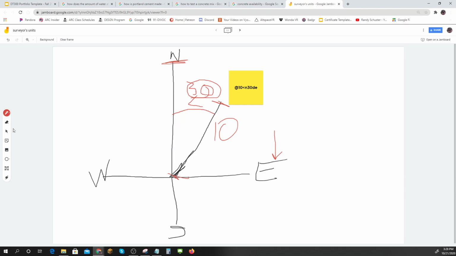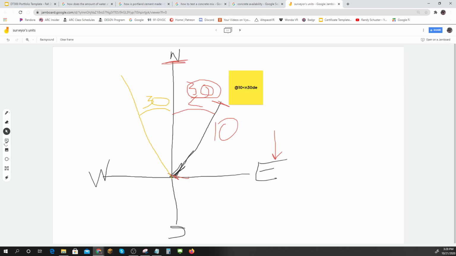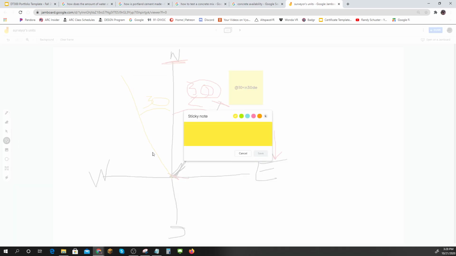So now if I had another line going this way, this angle again is 30 degrees, but I start facing north and I go to the west. So this one I would type as, oops, got the wrong thing there. I would type it as from where I'm at, 10, although it looks longer than 10, doesn't it?